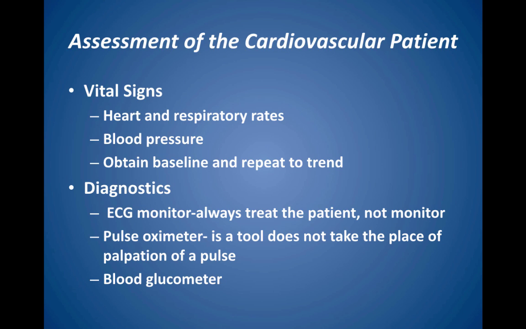Pulse oximetry is great, but it doesn't take the place of really touchy-feely. And then get a good blood glucose, right? And that's a blood glucose from a good capillary stick, versus starting your IV and using the venous return from the flash chamber. Studies have shown that can show a 40 to 60 milligram per deciliter difference one way or the other in your glucometer reading.